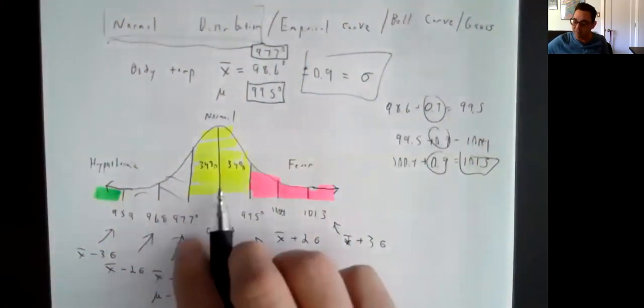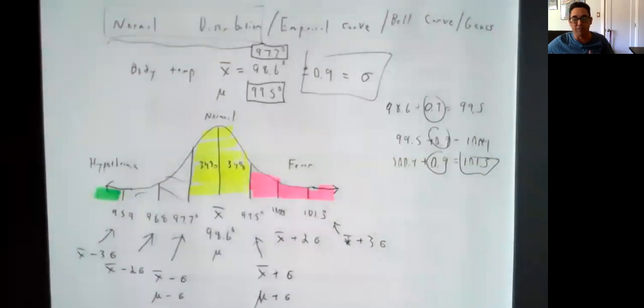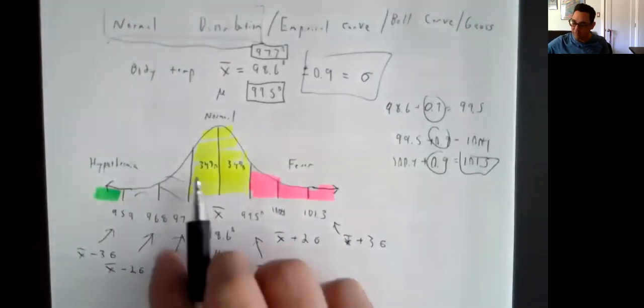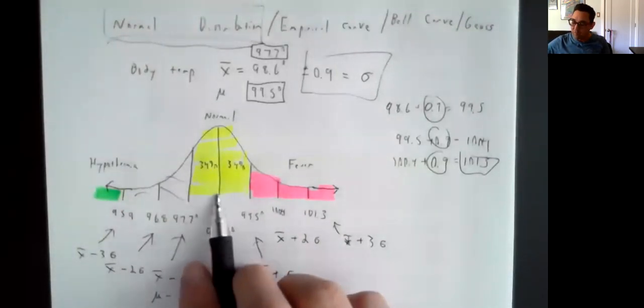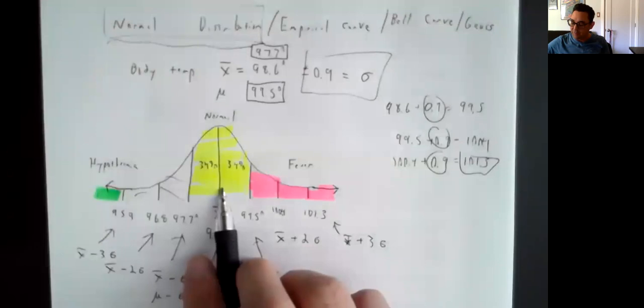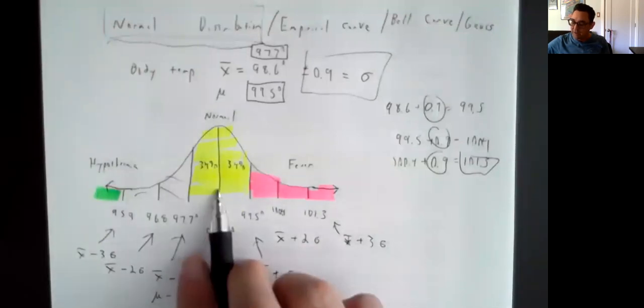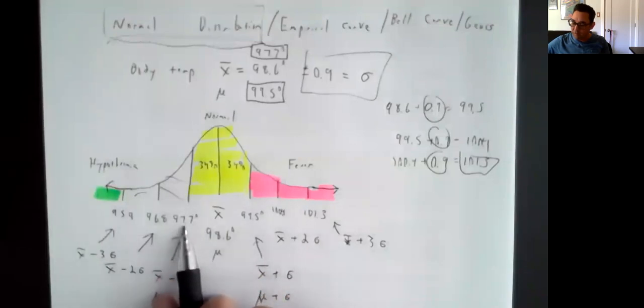If you go online, sometimes you see 34.1%, because different sources have different degrees of accuracy, but this is the ballpark. We're going to use this as our ballpark, right? So about 34% of all people are between 98.6 and 99.5, and 34% of people are between 97.7 and 98.6, in this range, right?